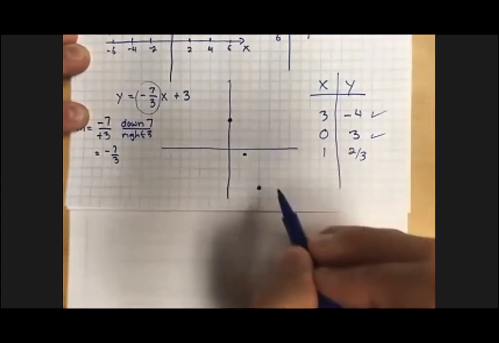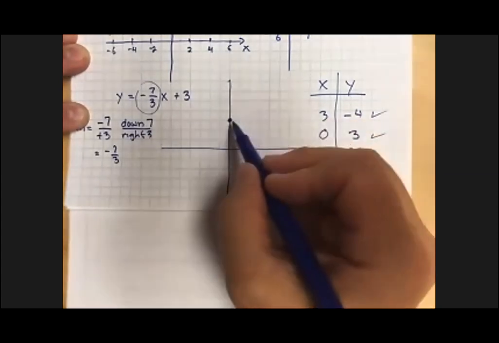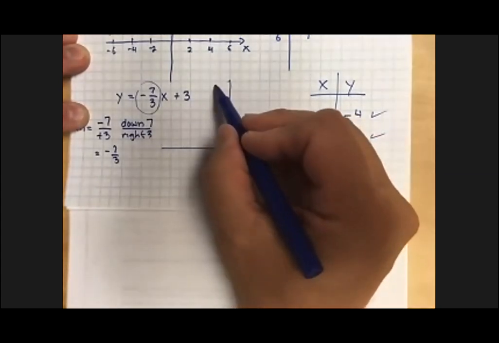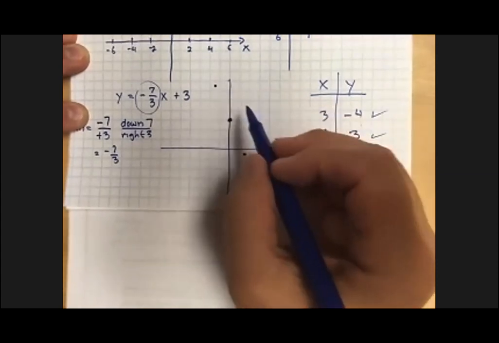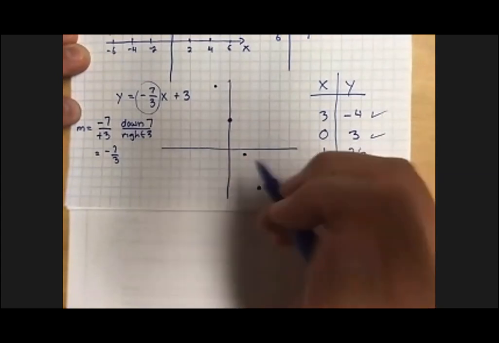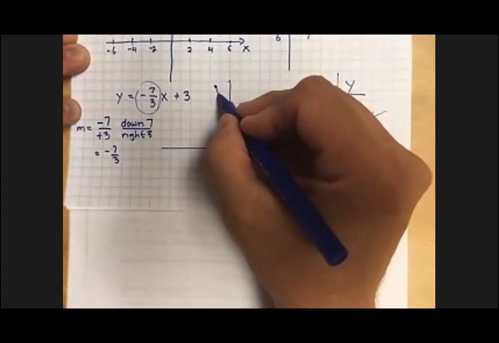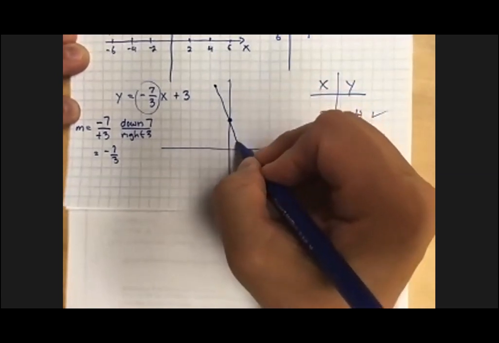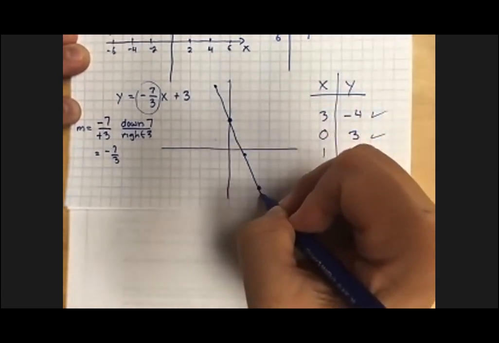That would give me that point. And how about left 1.5 up 3.5? That would give me that point. Now, I don't know the name of that point unless I carefully measure it and do some more calculations. But as far as drawing the line's concerned, it helps me out a lot. It helps me draw a straight line.